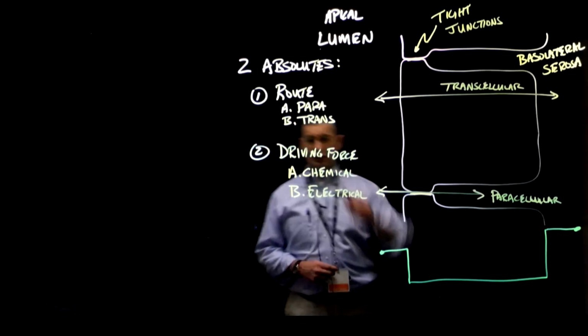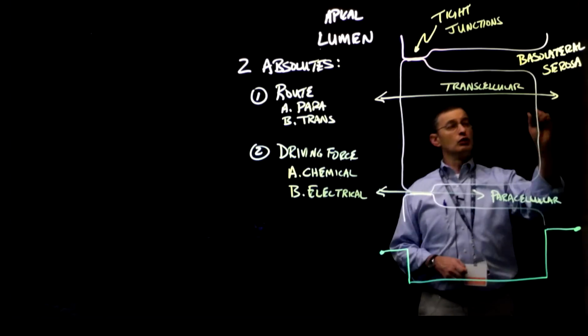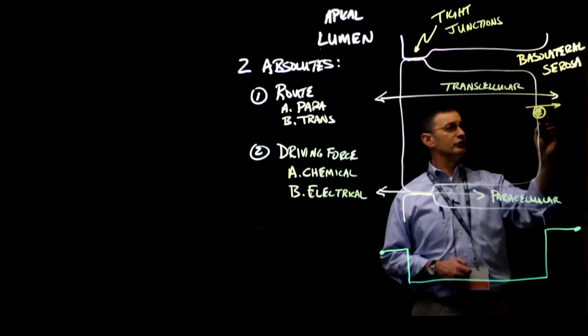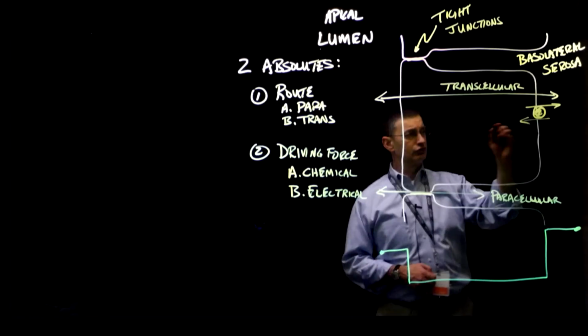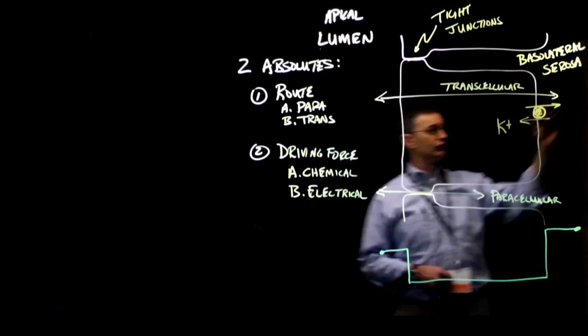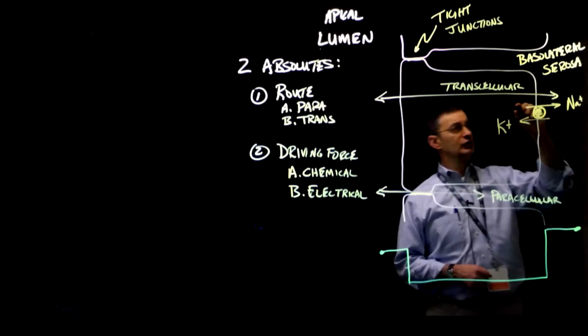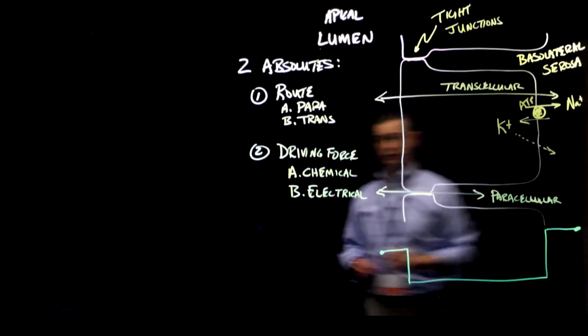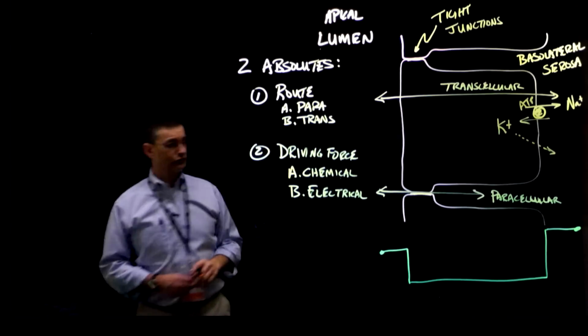Now, I've already talked about the two routes, but I will tell you that from the standpoint of driving force, everything is established by the sodium-potassium ATPase and an associated pump leak within the epithelial cell.